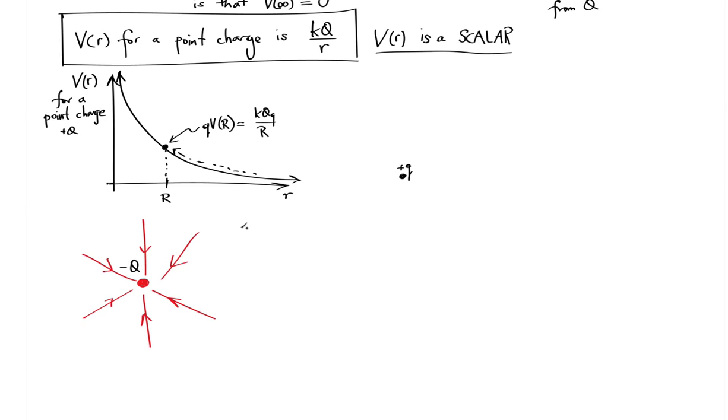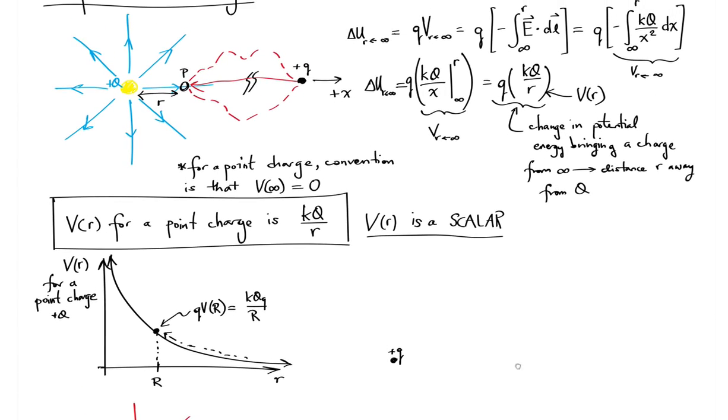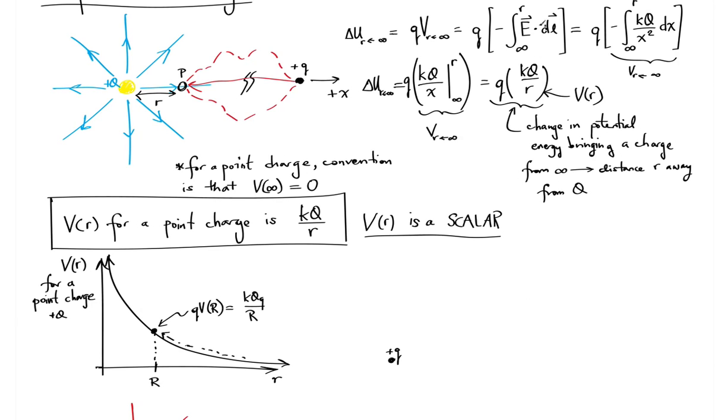When we do these thought experiments for the potential, we always take a positive test charge plus q, right? So now you can see this positive test charge will want to be attracted to this negative one, right? So then if I do everything here, it's all the same, except my electric field is pointing in the opposite direction.